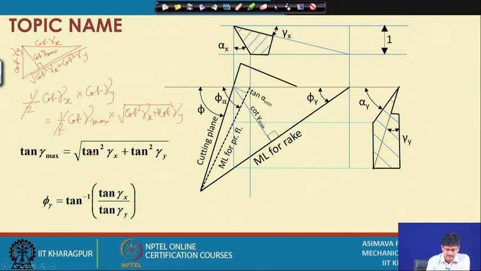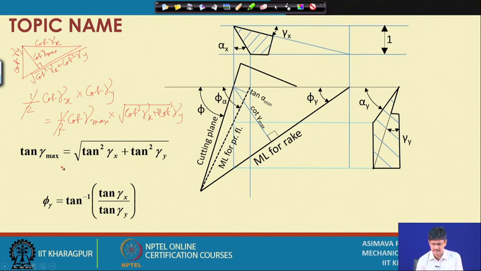We can do it even in a quicker manner. Instead of cutting off cot square gamma x, we can send this to the other side. Whichever way you do it, it will come out to be the same thing, that is tan gamma max.